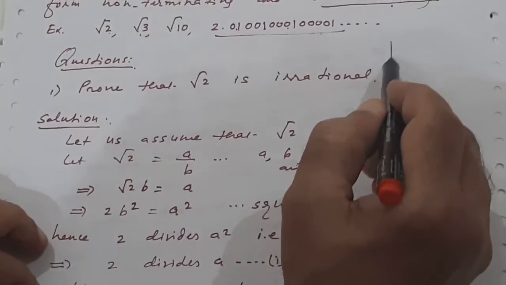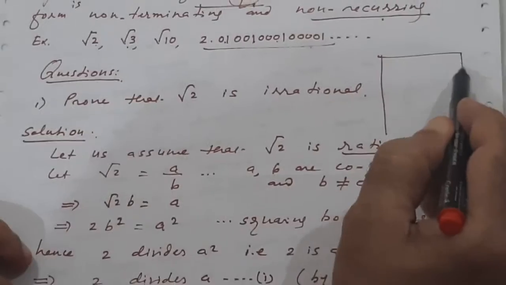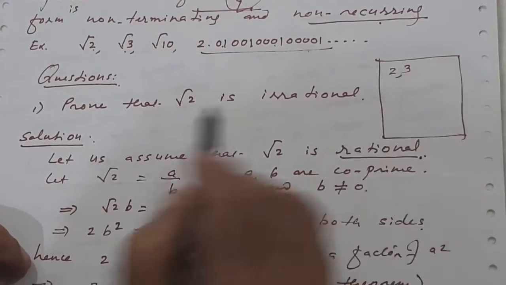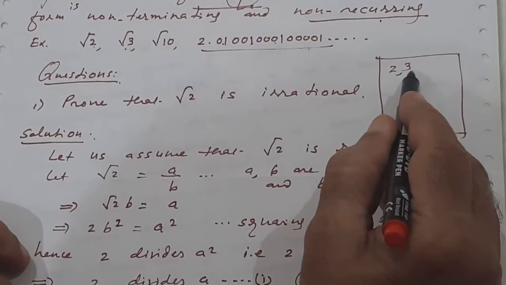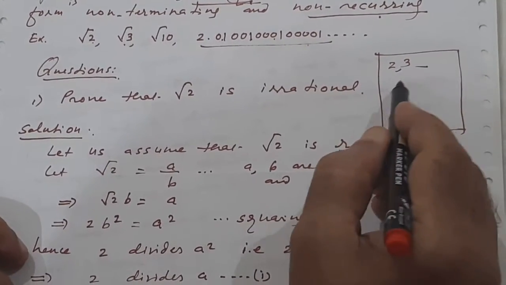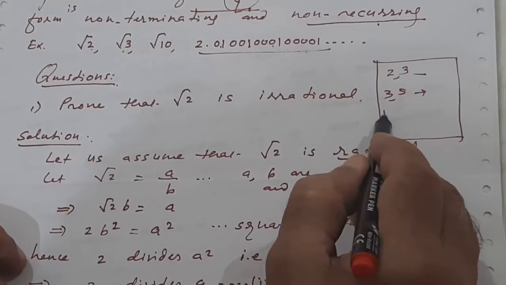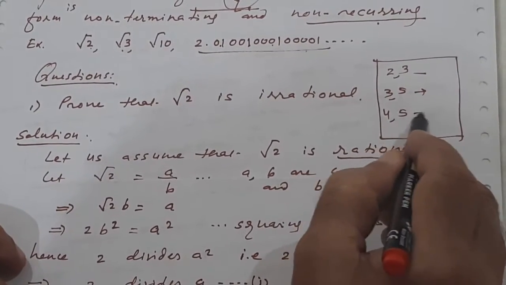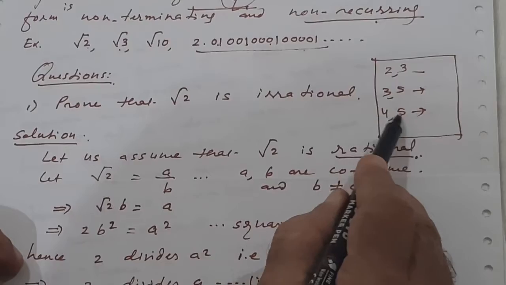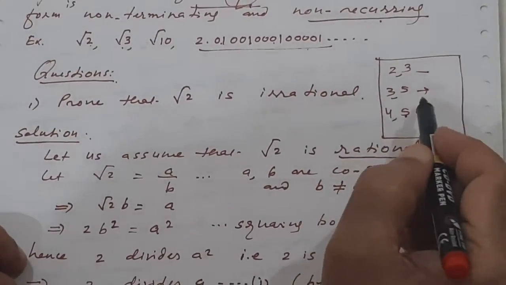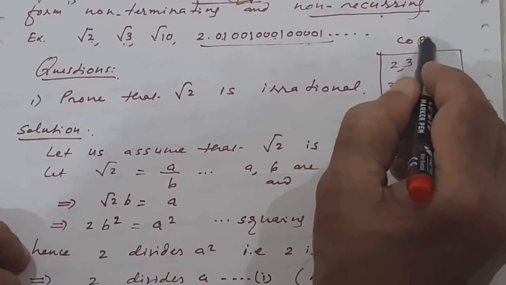For example, 2 and 3 are co-primes, 3 and 5 are co-primes, 4 and 5 are co-primes. They do not have any common factors. Remember this one.